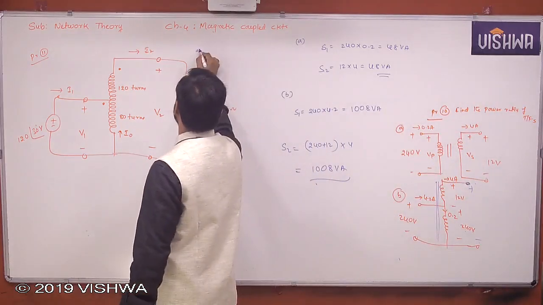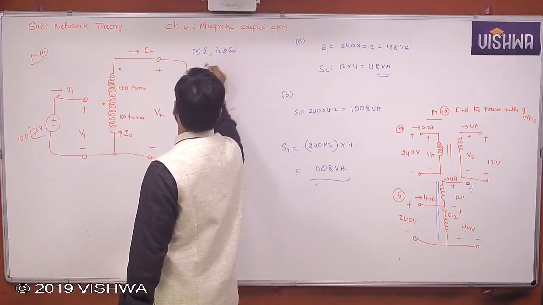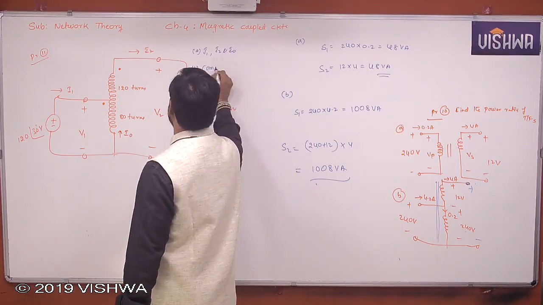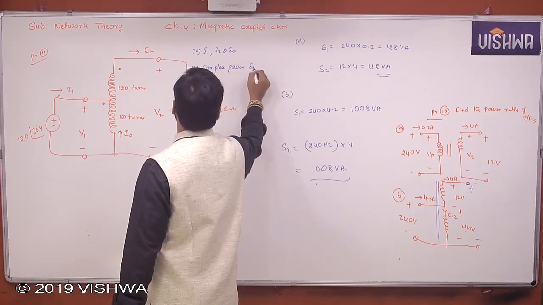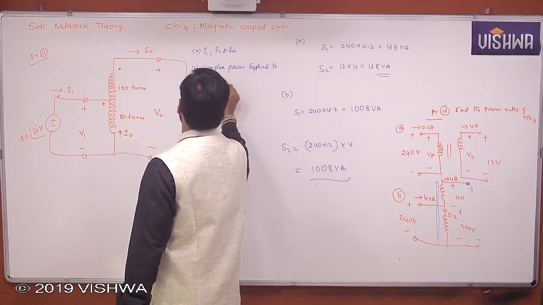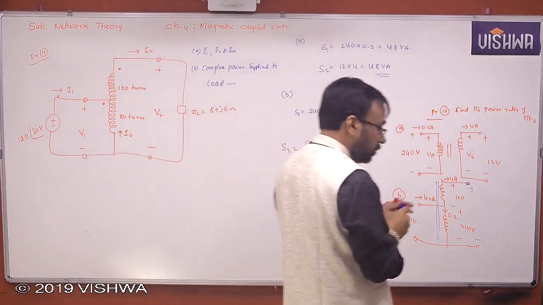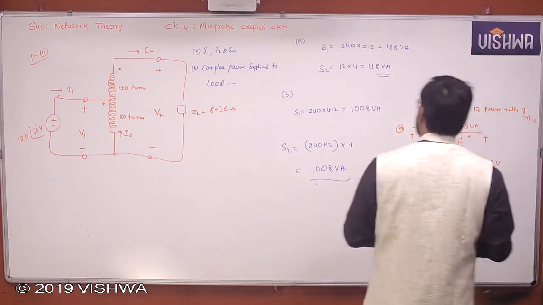What is the question? I1, I2 and I0. B is the complex power supplied to the load. That's it.